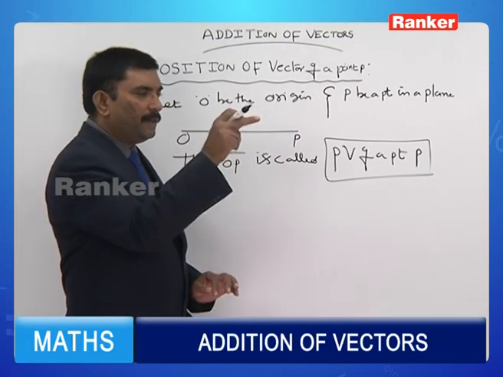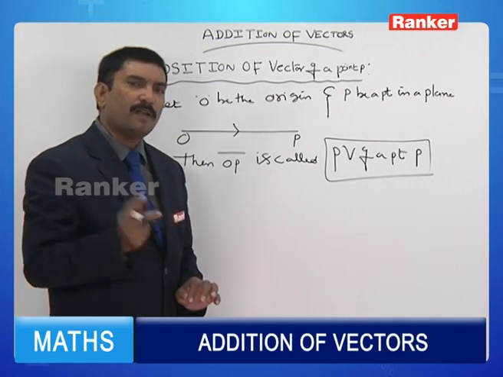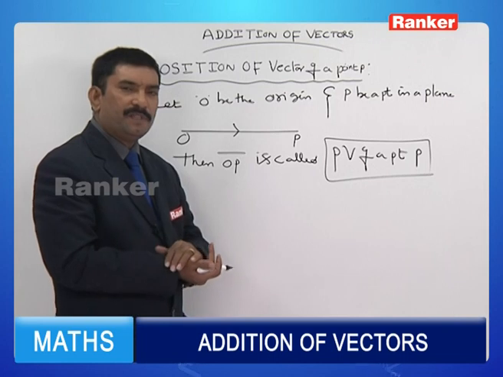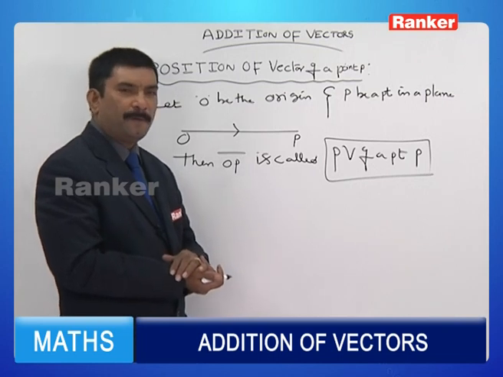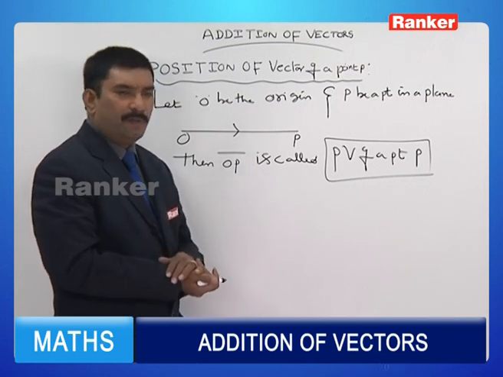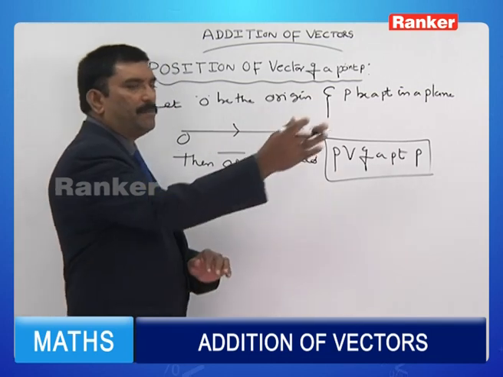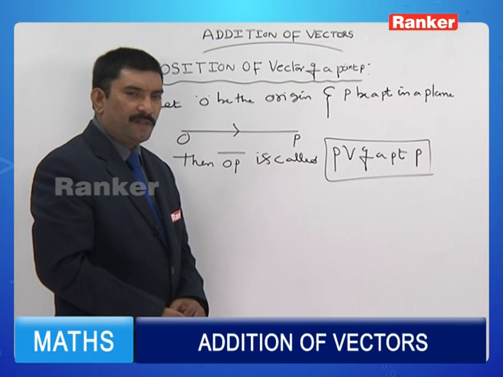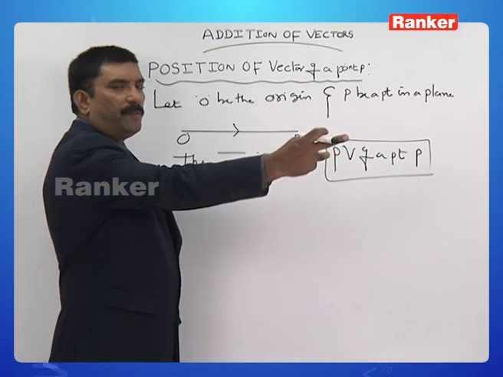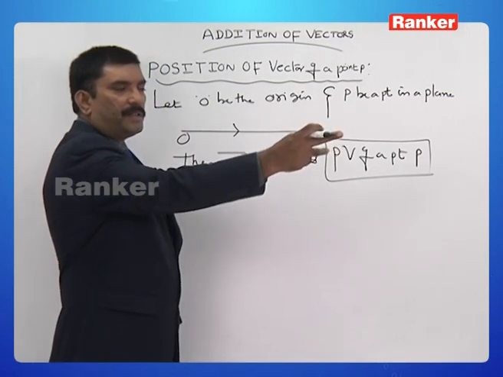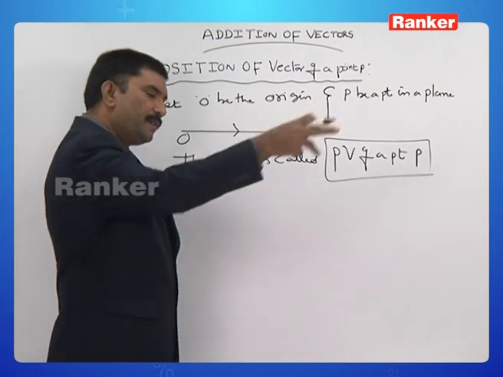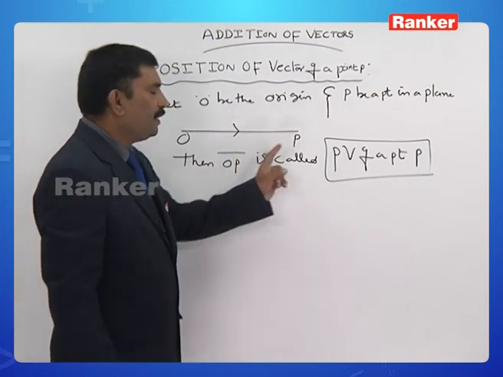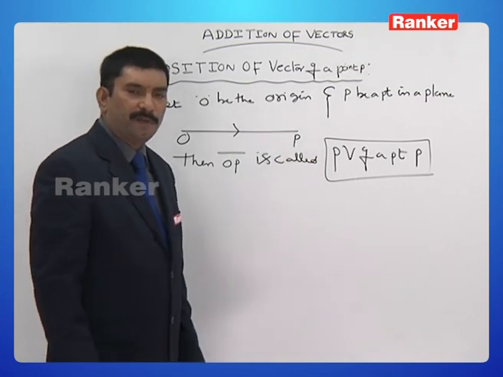Converting that directed line segment into vectorial representation is called the position vector of a point P. The distance between the two walls is some 2 centimeters, 10 meters or feet. This is my origin. That wall is the required point. So the distance I want to convert by giving a direction. That gives the position vector of a point P.